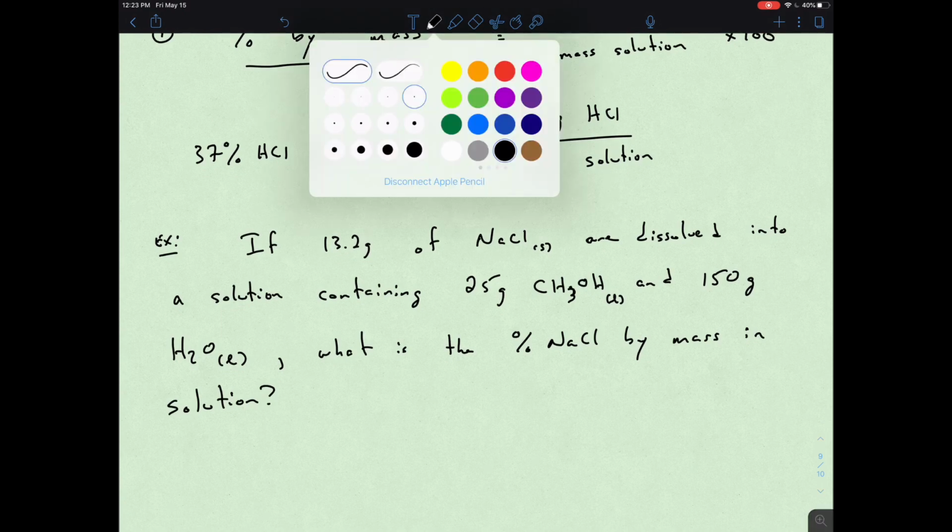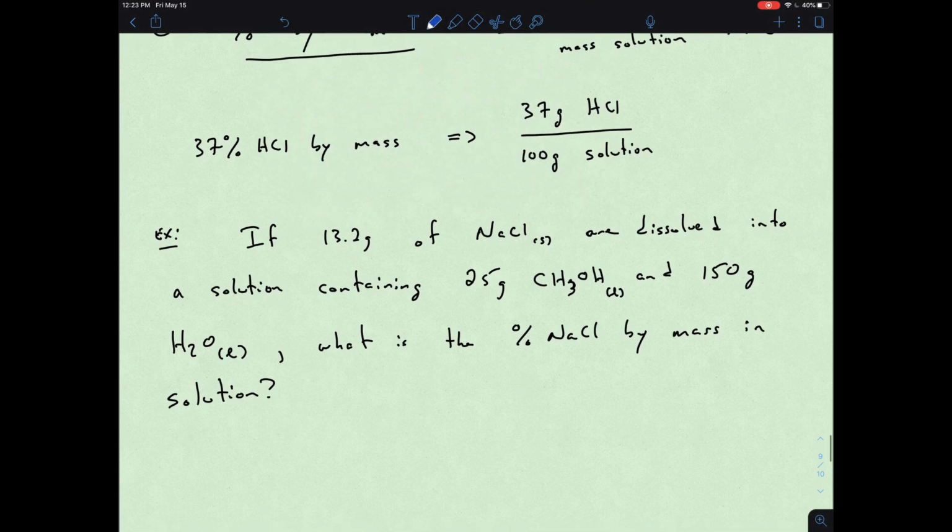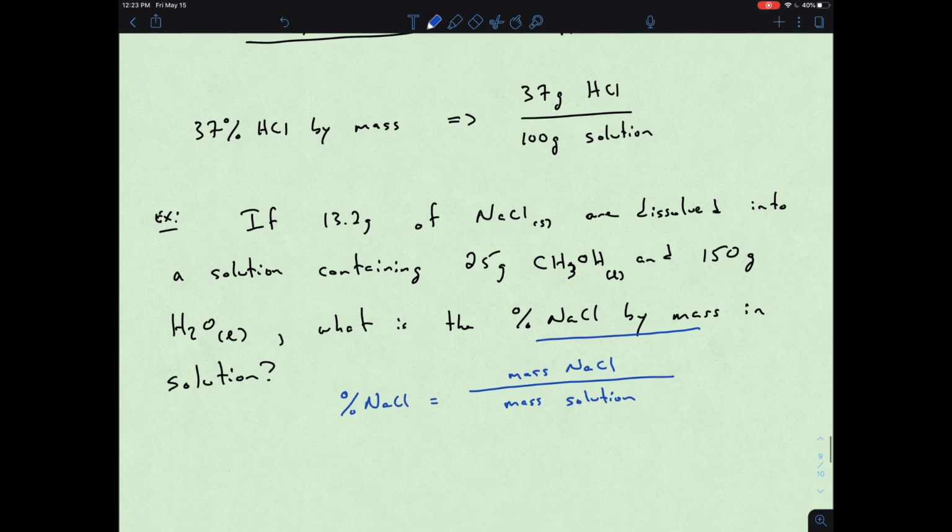So we have that notion of what we're looking for, mass percent. We would be looking for the percent sodium chloride, which would be the mass of the sodium chloride, NaCl, over the mass of the solution.